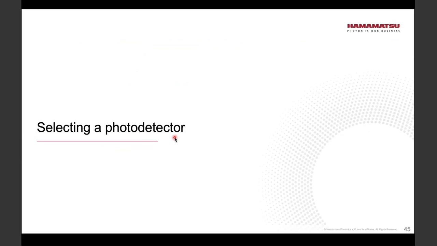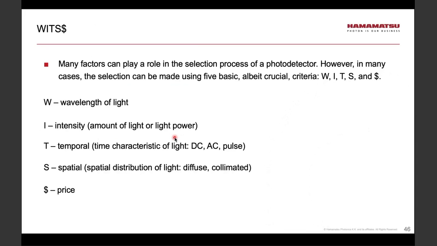Finally, let's spend some time discussing the process of selection of a photodetector. Time is short, therefore I'll try to just quite briefly mention the main points. Here at Hamamatsu, we like to talk about the WITS process approach, where each letter represents a parameter that one needs to consider in the selection.